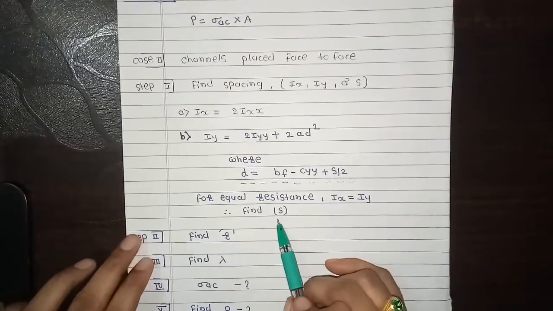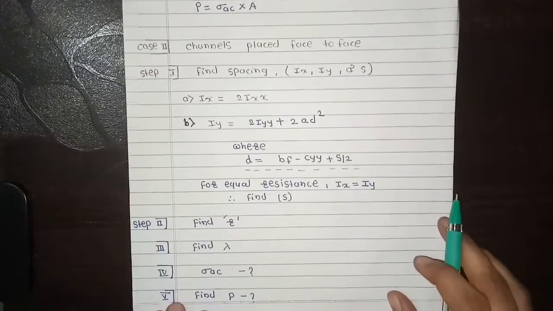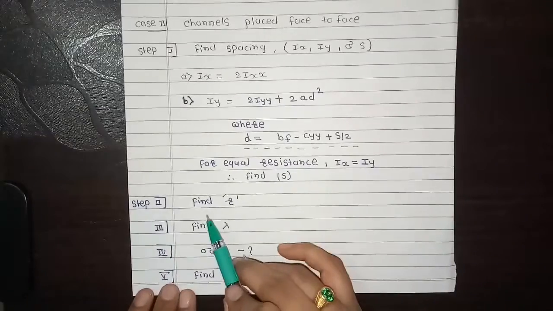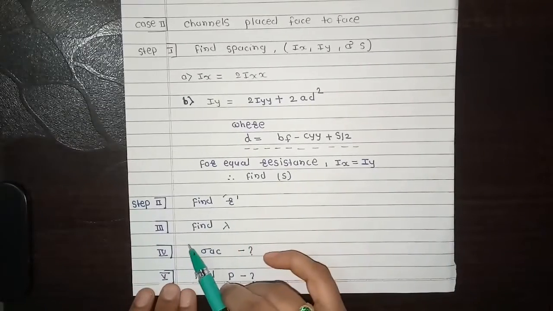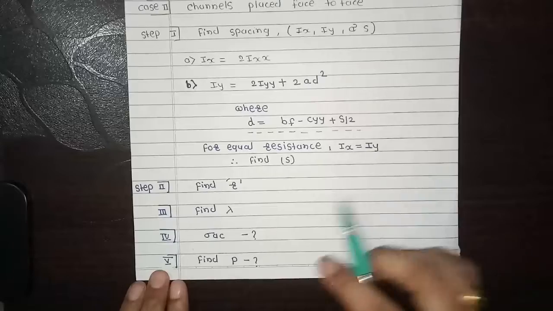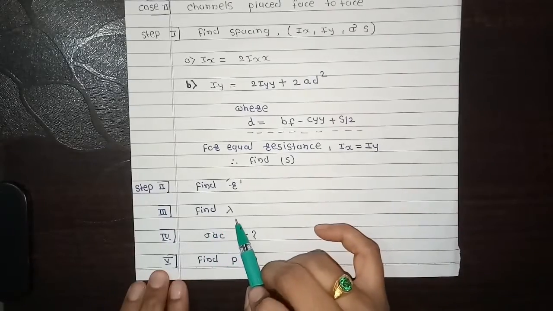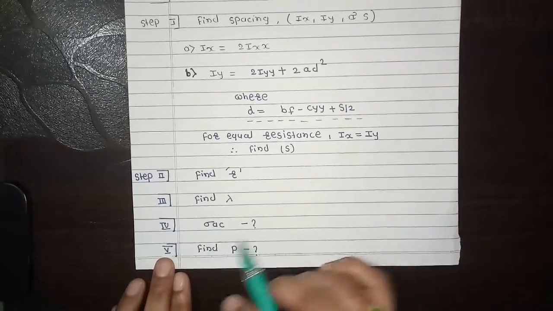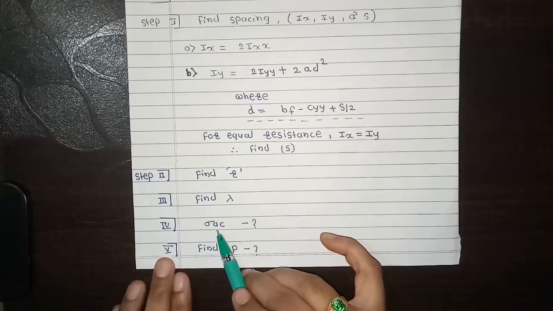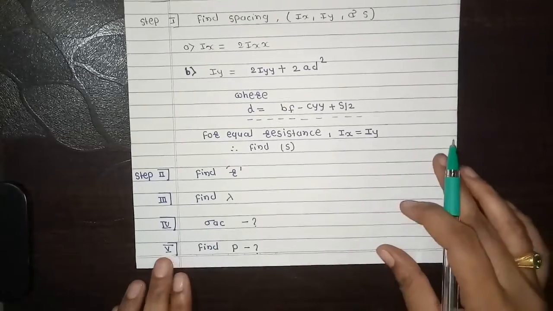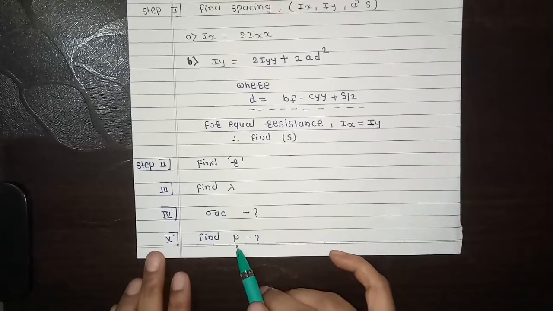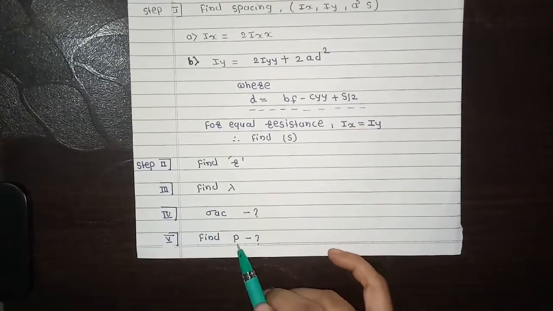Then find spacing. Step second, find radius of gyration. Then step third, find lambda slenderness ratio. Step fourth, sigma AC, find allowable compressive stress. And step fifth, find strength of built-up section.